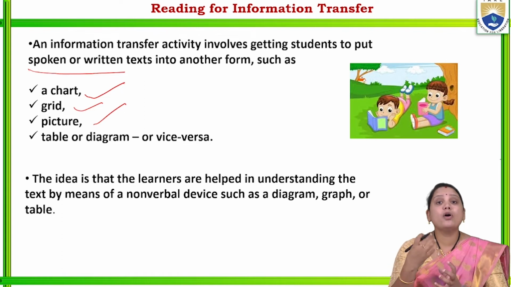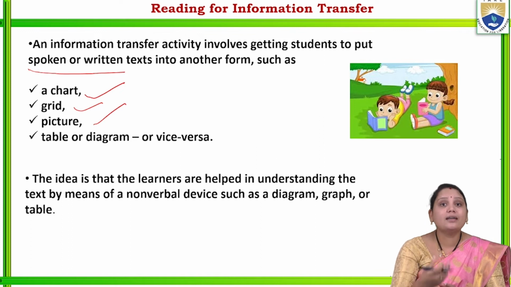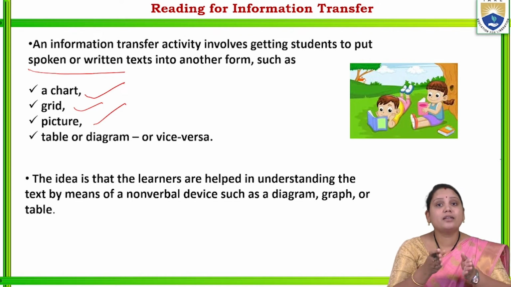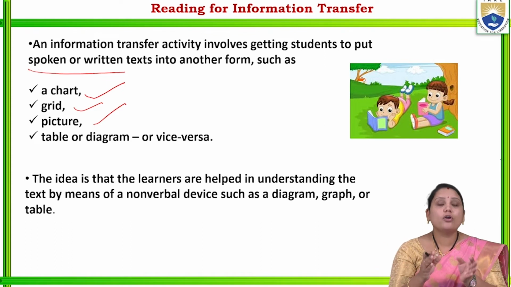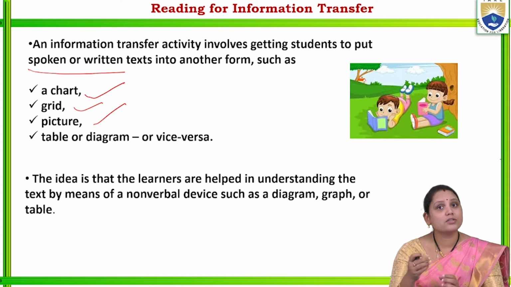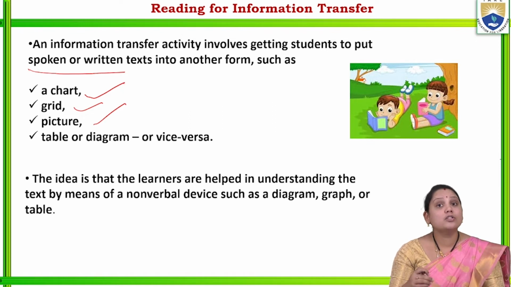Because we want more notes, more specific information about that diagram. That's the reason we convert the diagram into text. So today we are going to talk very clearly about the techniques or strategies which we can use such that we can improve our language and also make it more effective and appealing to others.